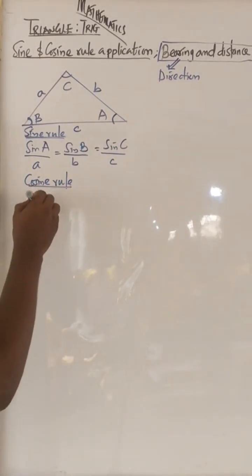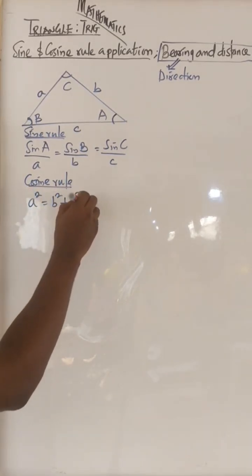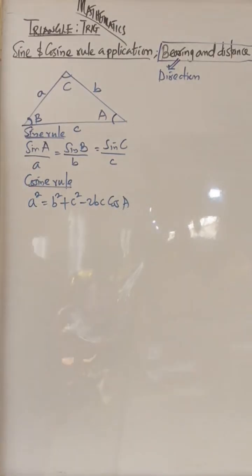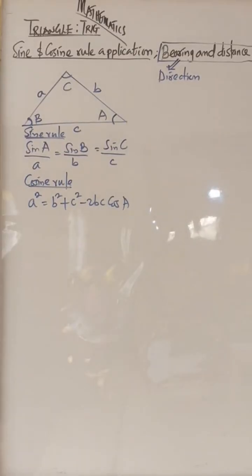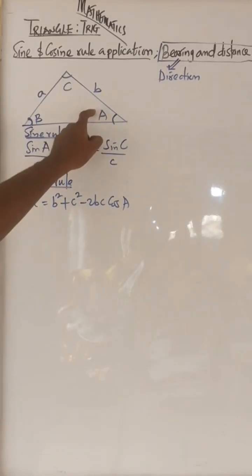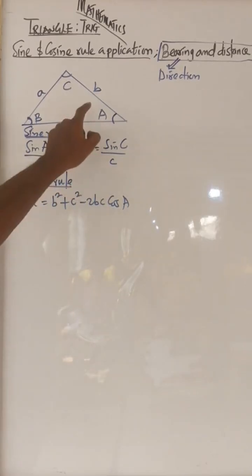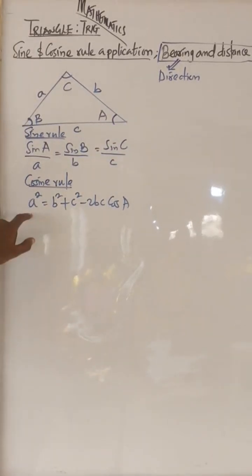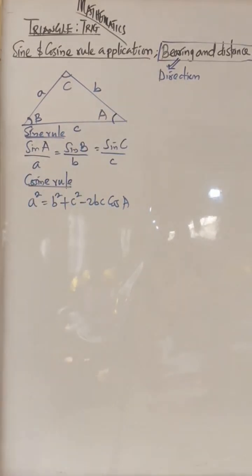So a squared equals b squared plus c squared minus 2bc cos A. This is cosine rule. Cosine rule is used to get an unknown side if the other 2 sides are known and the angle facing it, or to get an unknown angle if the 3 sides are known. So we can get the value of A if we know the others, but we have to make small a the subject here. Now let's move to bearing.